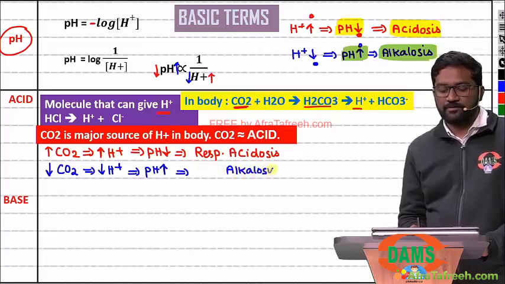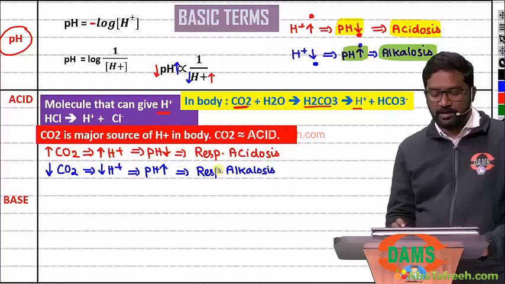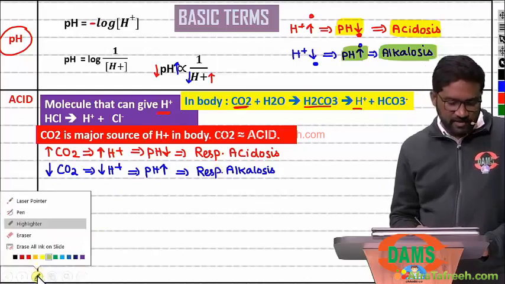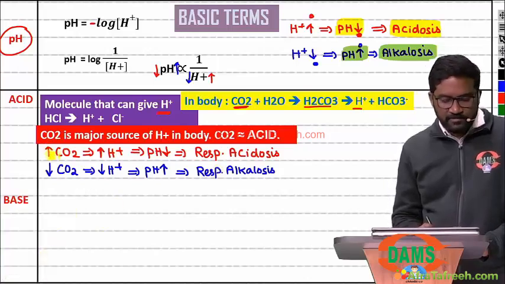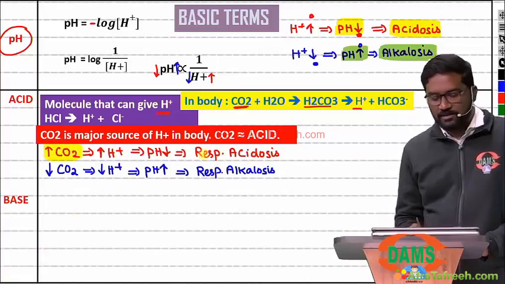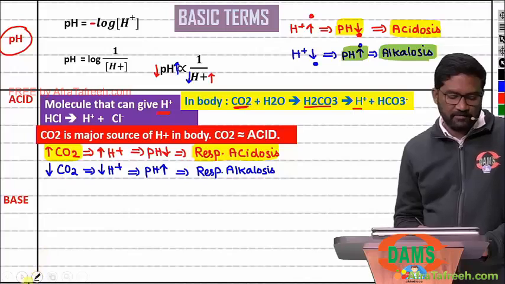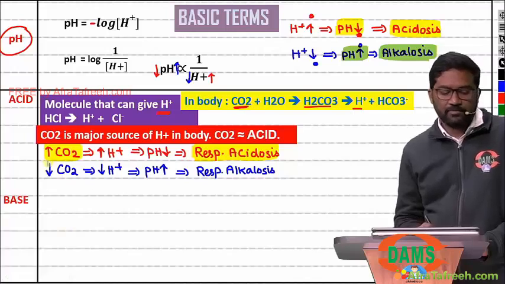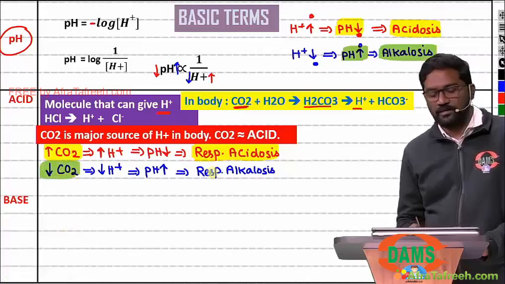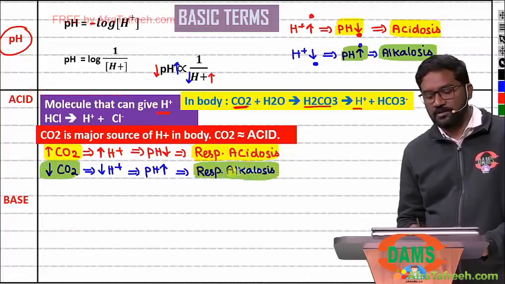This is due to CO2. So it should be called respiratory alkalosis. In very simple words, CO2 retention is respiratory acidosis, whereas CO2 washout is respiratory alkalosis.